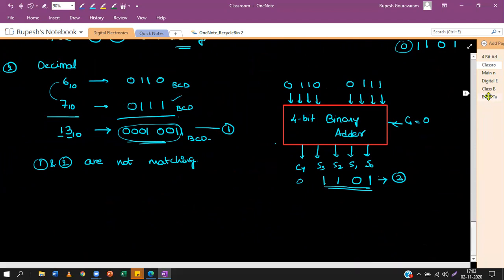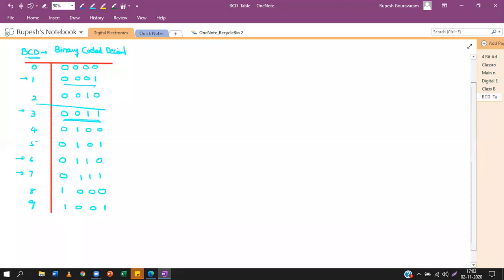If you look at the BCD table for 1101, is there any such value here? Throughout the entire BCD table, is there any 1101? So 1101 is not present in the BCD table.